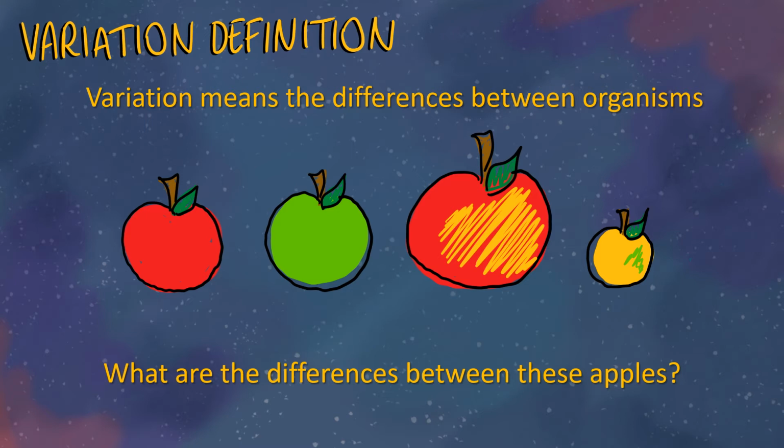They're all the same species, they're all apples, but we have red ones, we've got green ones, we've got big apples with bits of yellow on them, we've got tiny apples that are yellowish in colour. They're all still apples, we still eat them, but if you've eaten a red apple and eaten a green apple, you'll know they taste slightly different as well. So variation isn't just what it looks like, it can also be what it tastes like if we're talking about food.